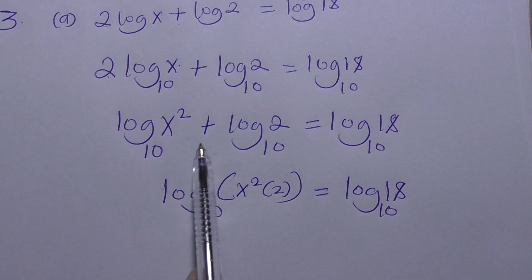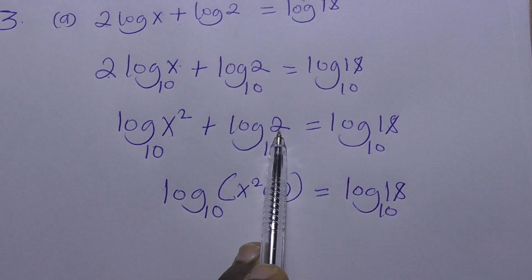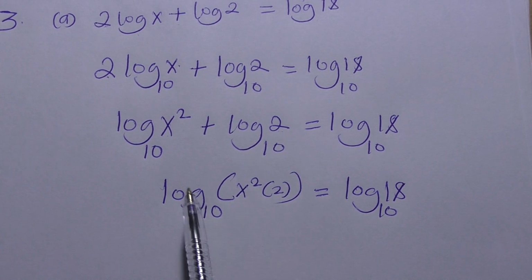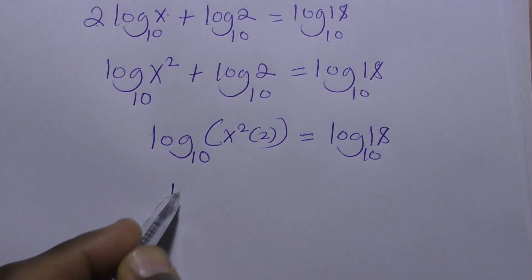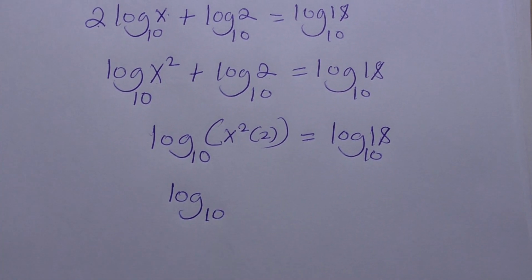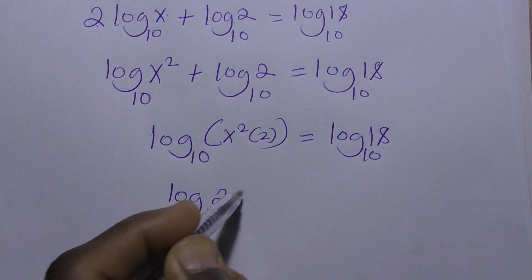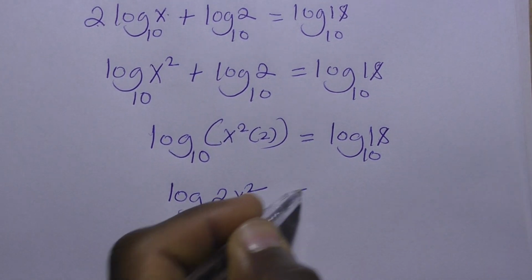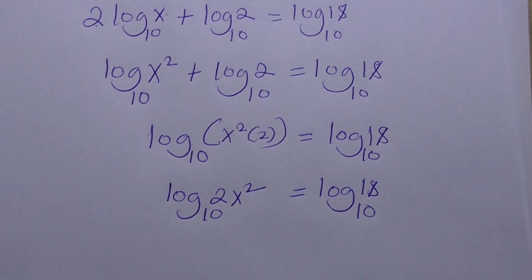So since we were adding, we multiplied the powers and we consider one logarithm. That is, we shall have log base 10. When we multiply, we get 2x squared, giving us log base 10 18.